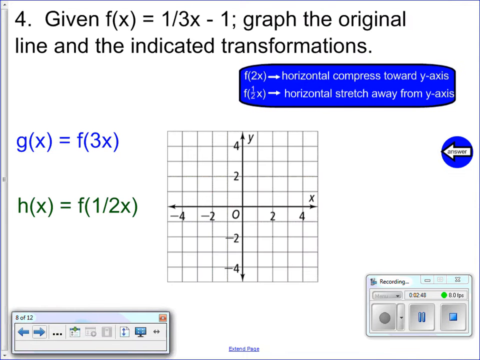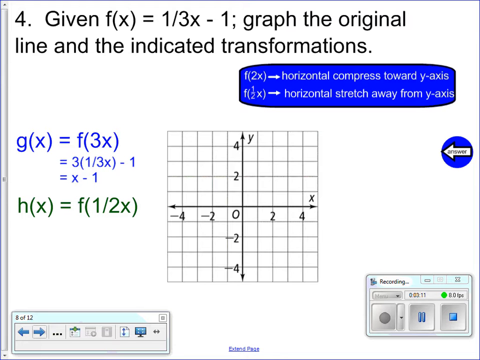This time we're given a different line, so not the parent graph, but it's the original graph of 1/3 x minus 1. So our first line is g of x equals f of 3x. So notice that 3 is on the inside, so we're going to multiply that 3 just times the 1/3, and then we get 3 times 1/3 is x minus 1.